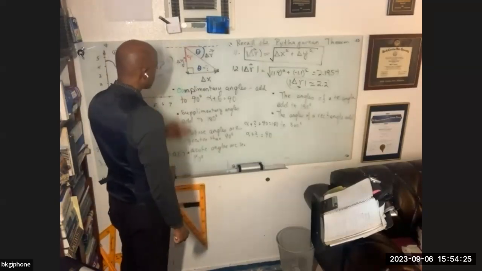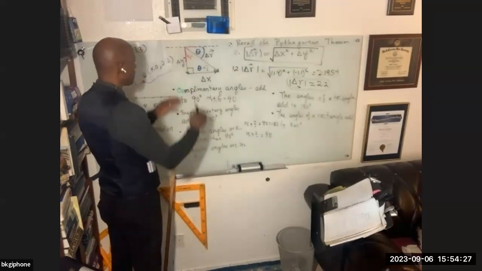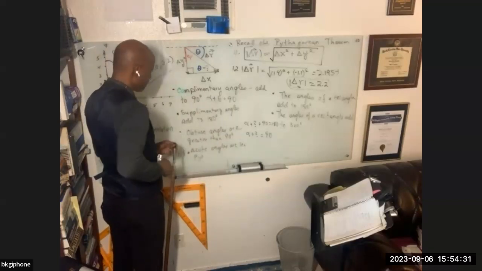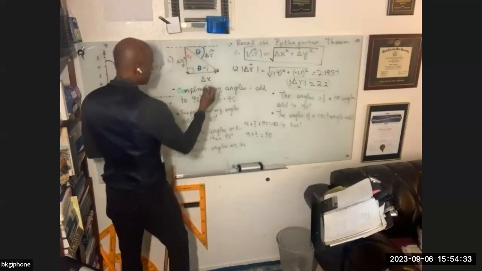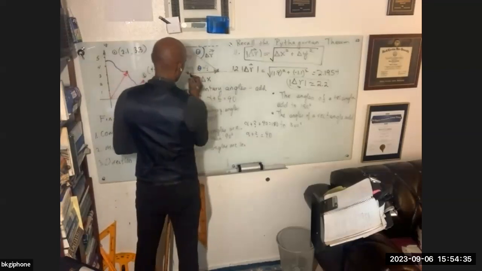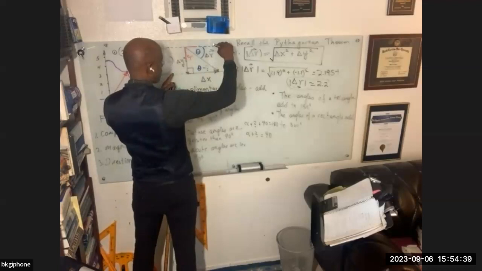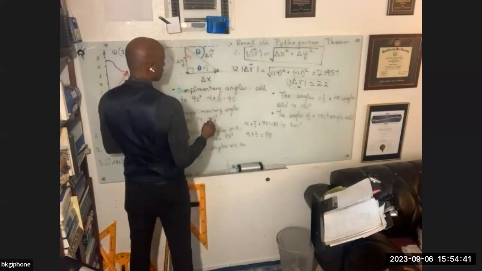A couple other ways we could have figured that out, alternate interior angles and things, but you pick your poison. We could have extended this line here along like that and thought of this line as a bisector between these two lines. If that's the case, you know that alternate interior angles are the same.